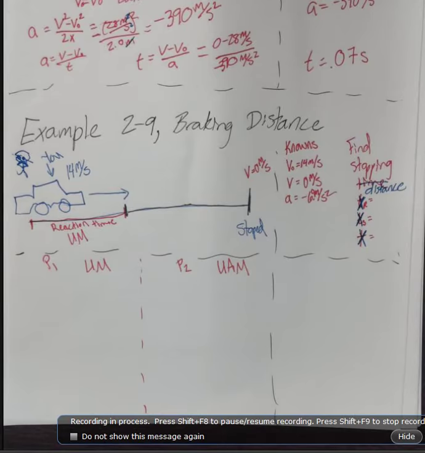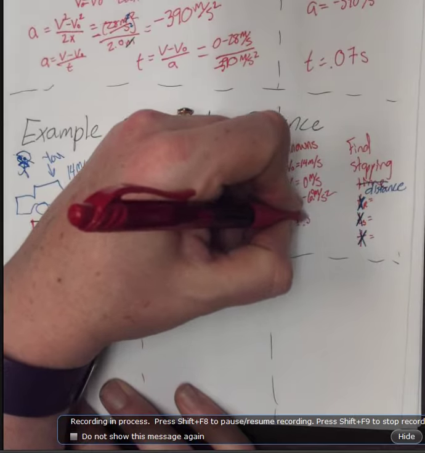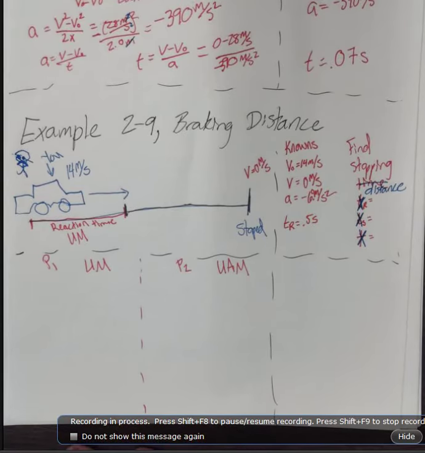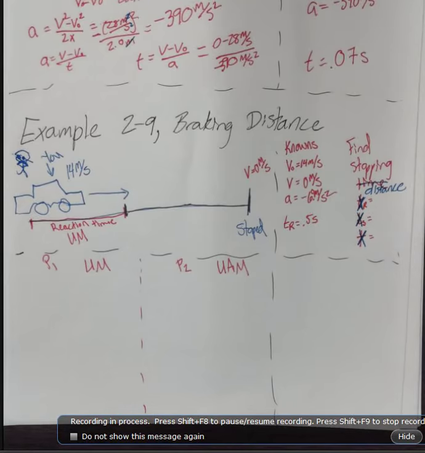So for part 1, we know that our reaction time, T_R, is 0.5 seconds. That's again given by the book. Part 2, we don't know time, but we might not need to know time. So let's first figure out what distance we're going to travel in part 1.